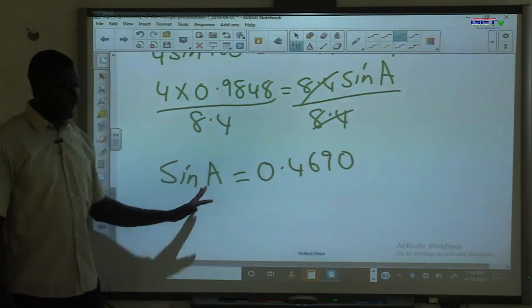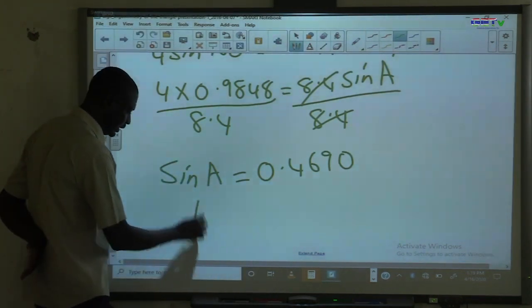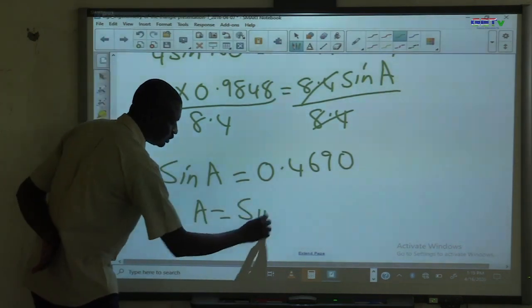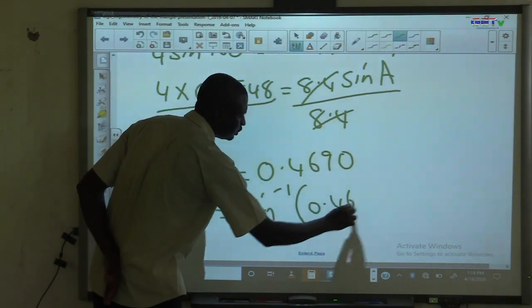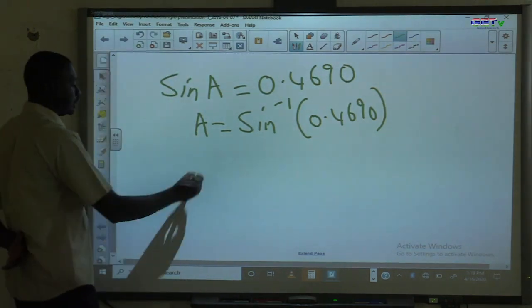We are solving for A. So to find the value of A, we take the sine inverse of 0.4690. And that will give us what?